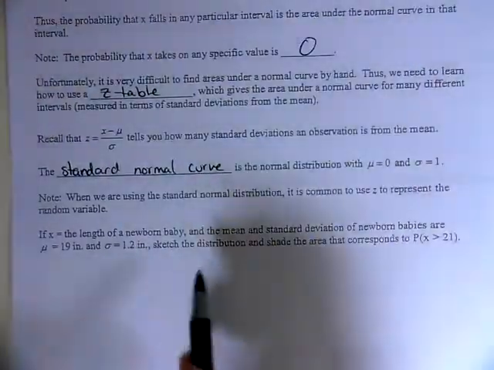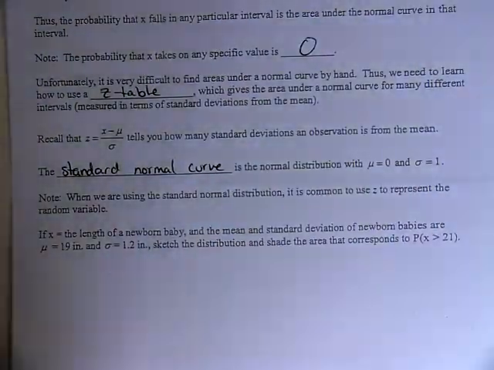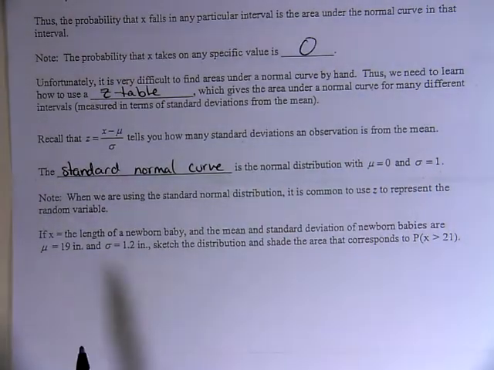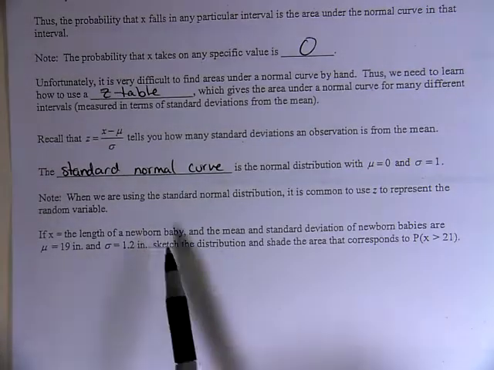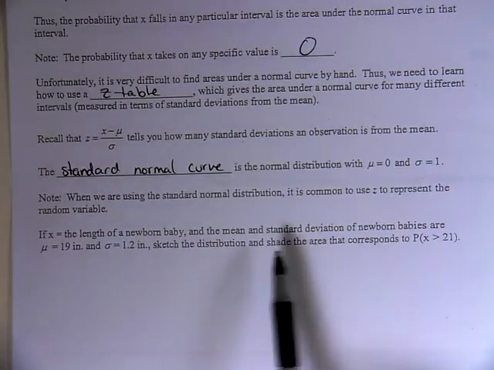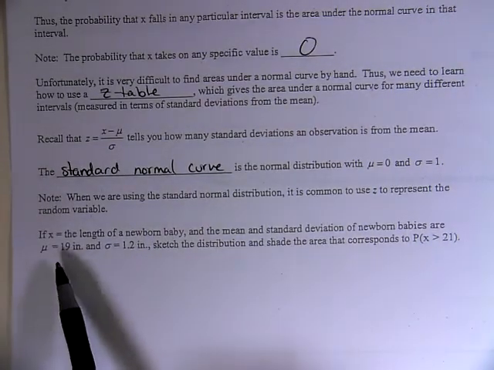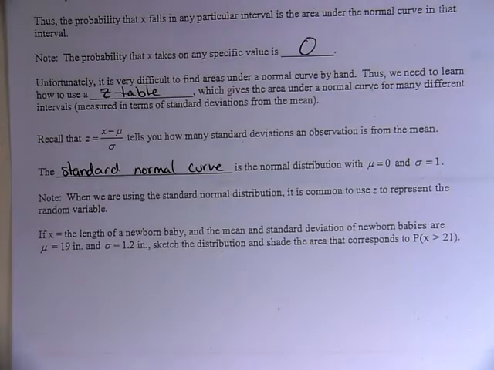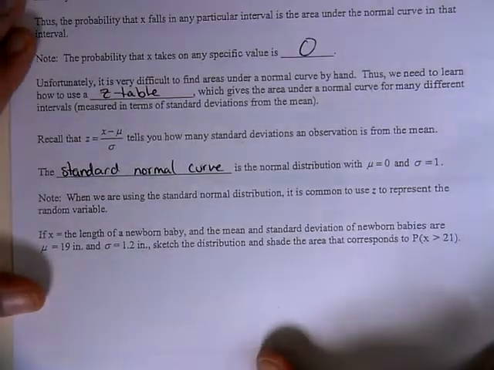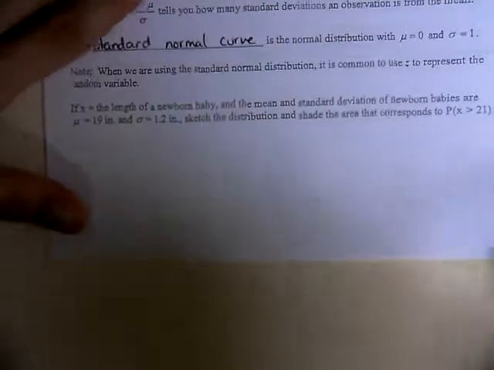When we're using the standard normal distribution, it's common to use z to represent the random variable instead of x. So if x is the length of a newborn baby, the mean and standard deviation of newborn babies are 19 inches with a 1.2 inch spread. Sketch the distribution and shade the area that corresponds to x being greater than 21.